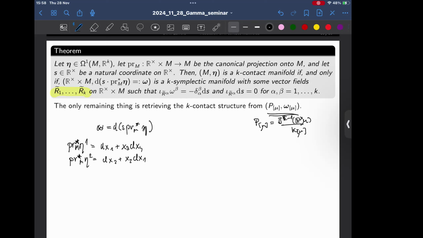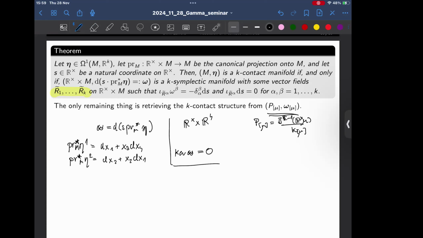Okay, so you can easily show that the kernel of omega is equal to 0 on R cross R^4.